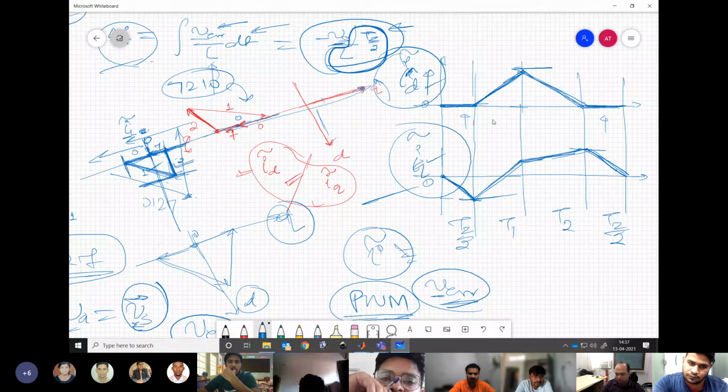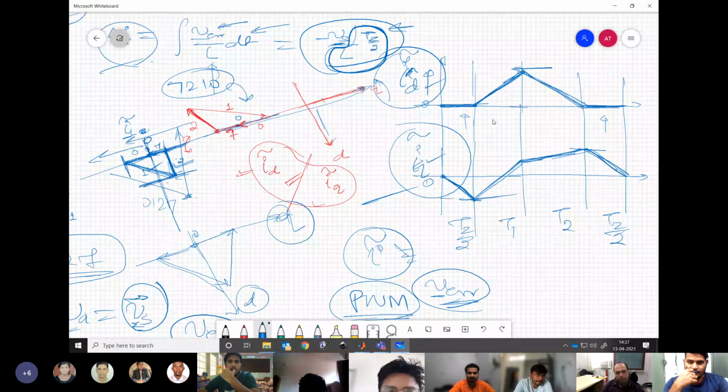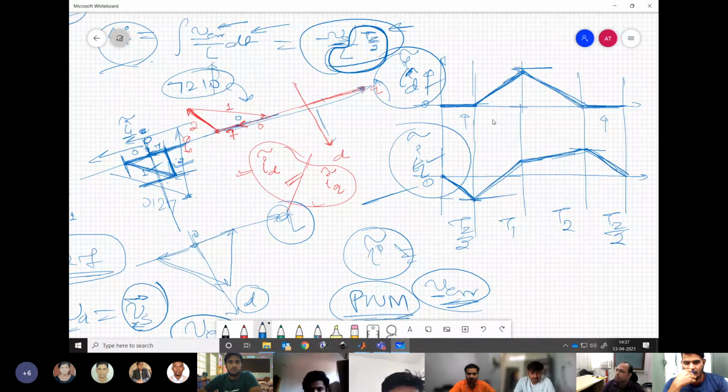Hello. Yes, Naveen. For T2, the waveform for IQ is slightly different. What is the reason? Say again, what is the question? For the T2 cycle, the IQ waveform is slightly different from the actual. No, actually it means the error.